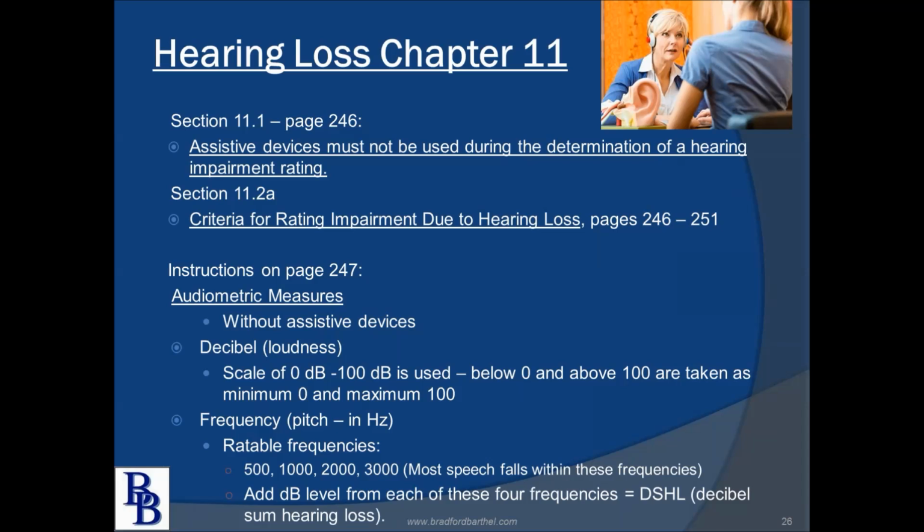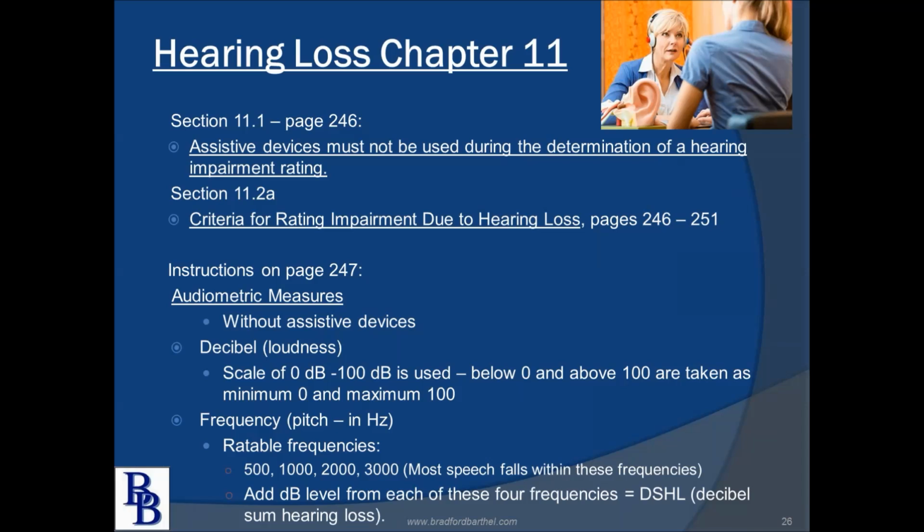And that's for those of us that did ratings prior to the 2005 rating schedule. That's important to know, because prior to the 2005 rating schedule, we did want to know hearing aid assisted hearing values. We don't need that for rating with the AMA Guides.